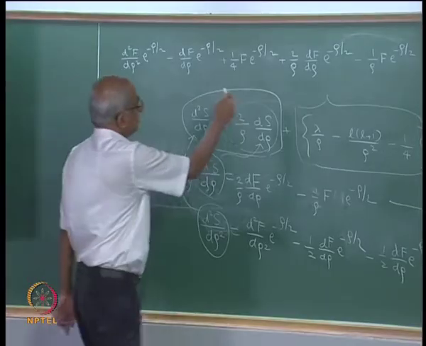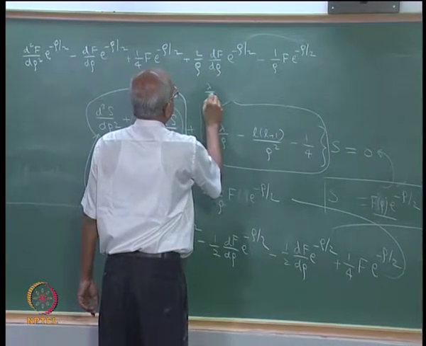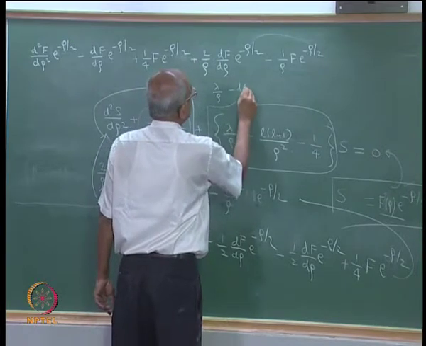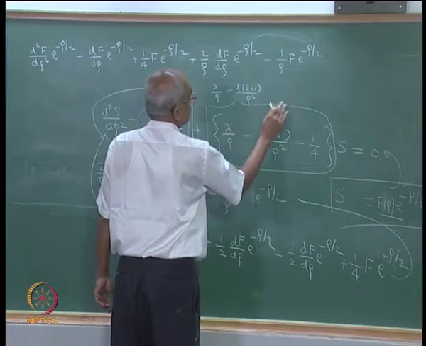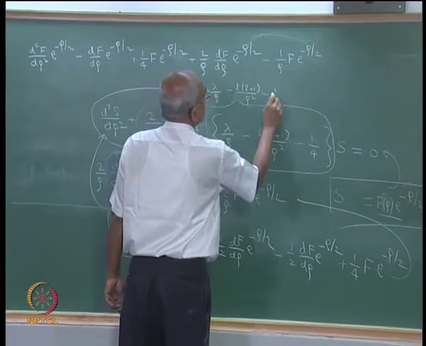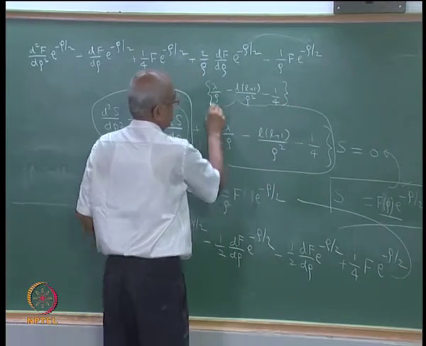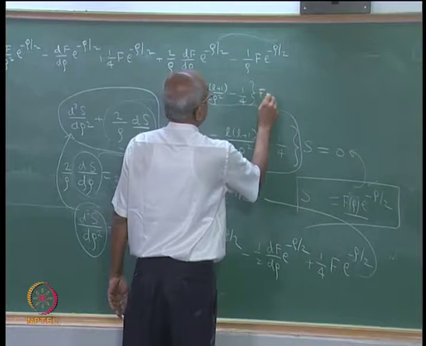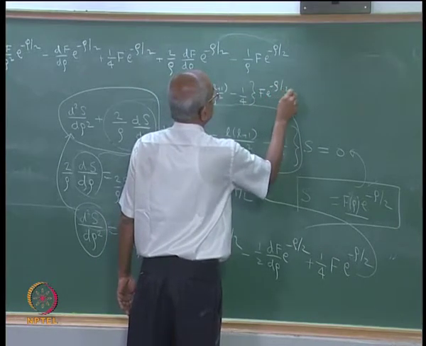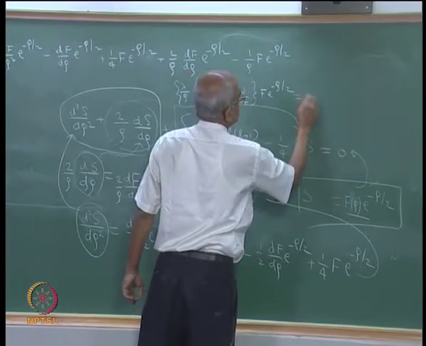So, let me write that up here. It is fairly simple: lambda by rho minus L into L plus 1 by rho square minus 1 by 4. I just wrote this term. S is actually f into e to the power of minus rho by 2. And if I add all these things up, I shall have to get the answer 0.